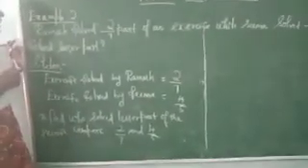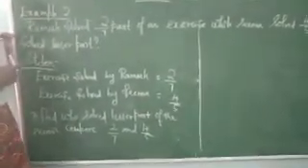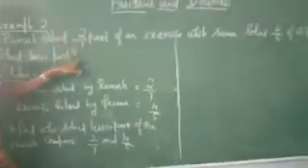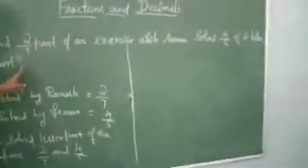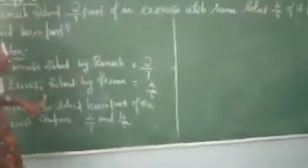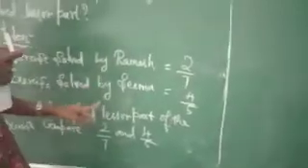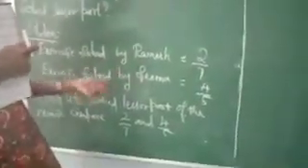Who solved the lesser part? Ramesh solved 2 by 7 of the exercise, and here 2 by 7 is a fraction. Seema solved 4 by 5. Now you have to find who solved the lesser part.